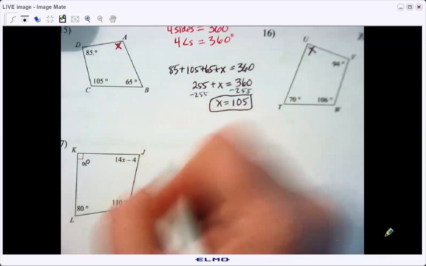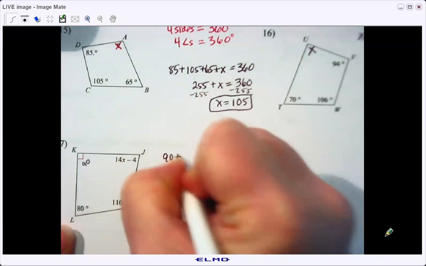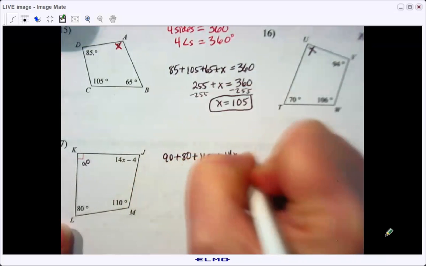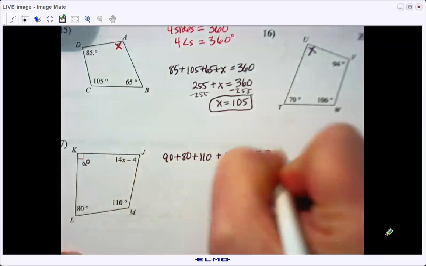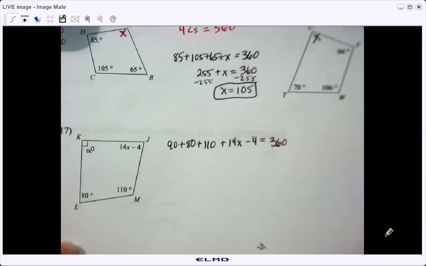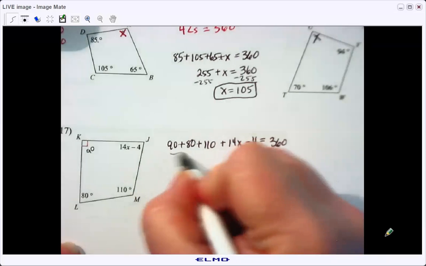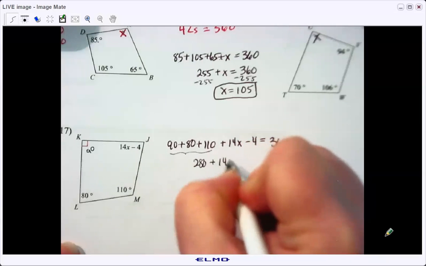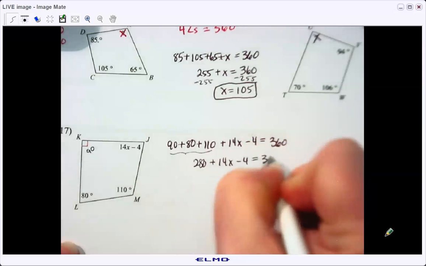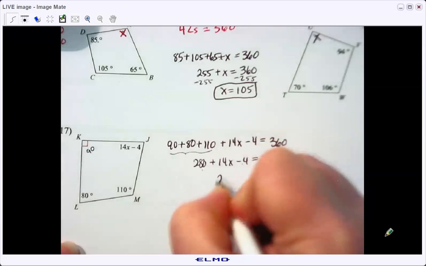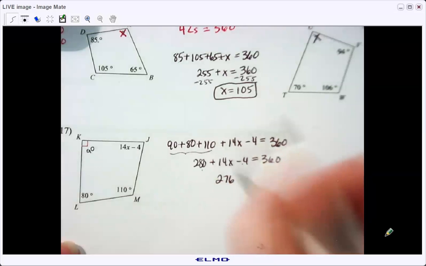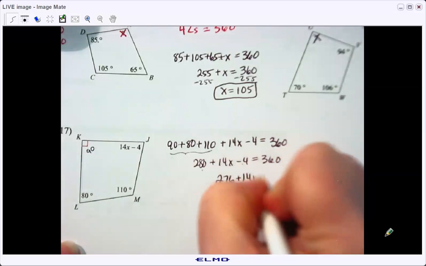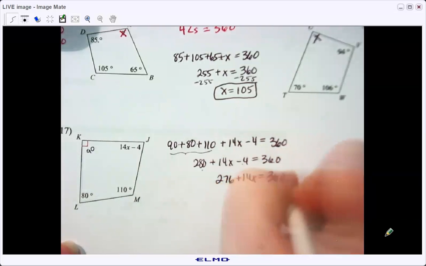So writing the equation, we got 90 plus 80 plus 110 plus 14x minus 4 equals 360. Combining these right here, it gives me 280 plus 14x minus 4. I combined these as an extra step, I wanted you to see I was adding the three angles and then that.